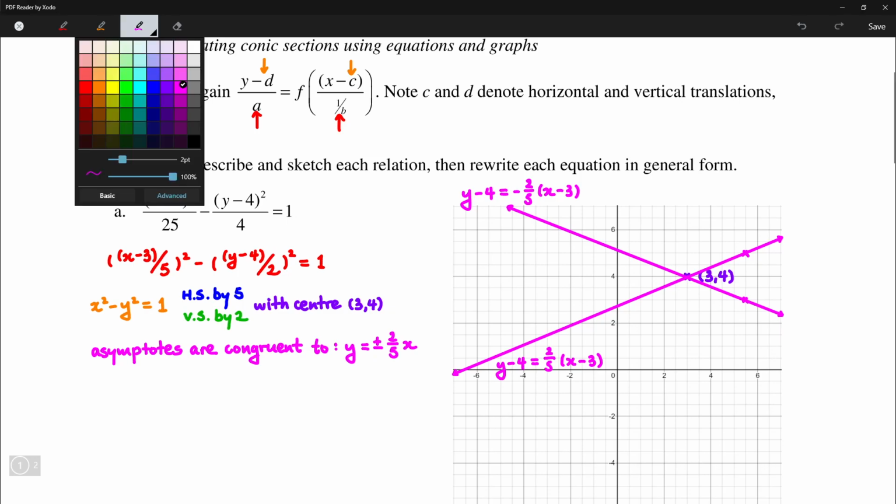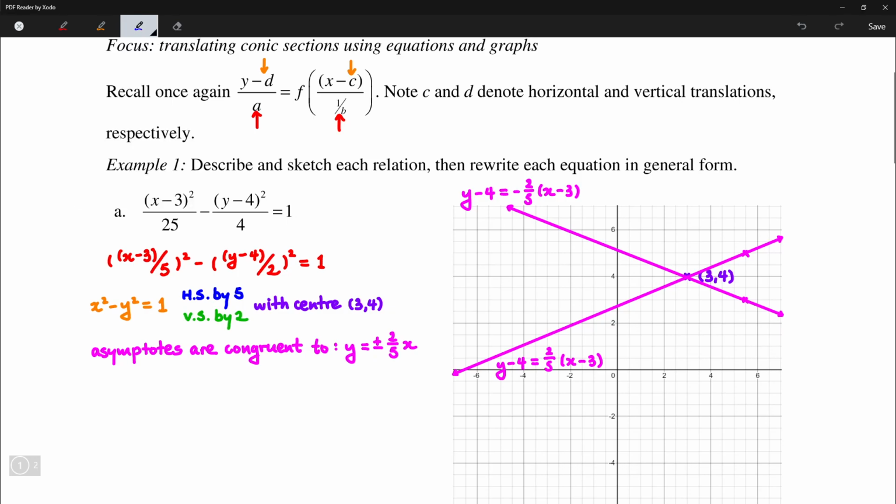Okay, so to draw the actual hyperbola, note that originally the two vertices of the x squared minus y squared equals 1 hyperbola are one space to the left and one space to the right of center. Because of the horizontal stretch by 5, the two vertices will now be 5 spaces to the left and 5 spaces to the right of center respectively.